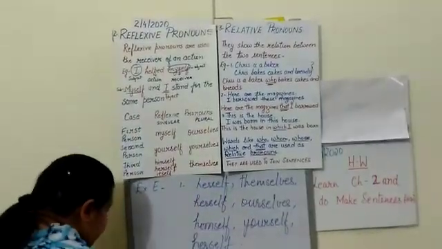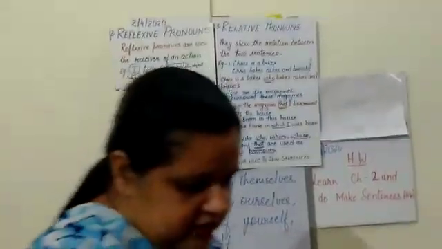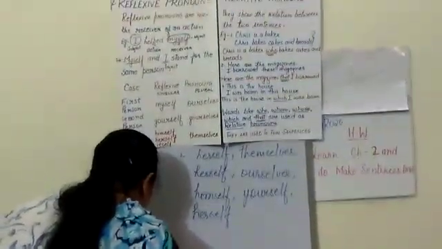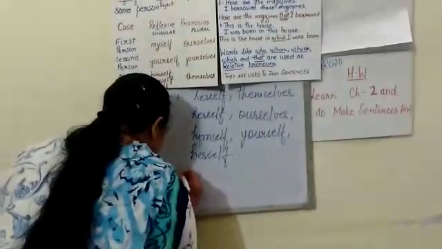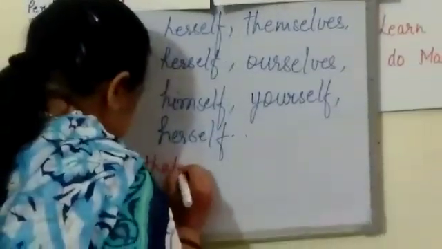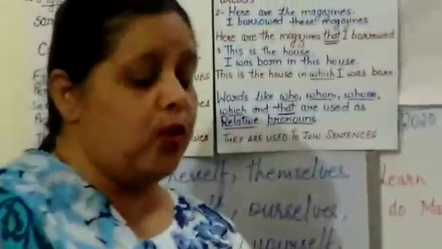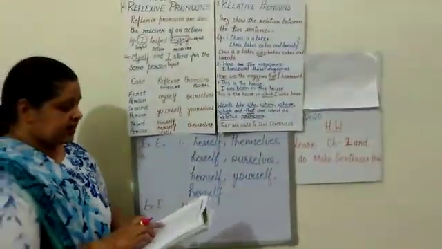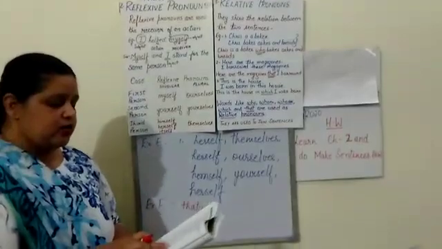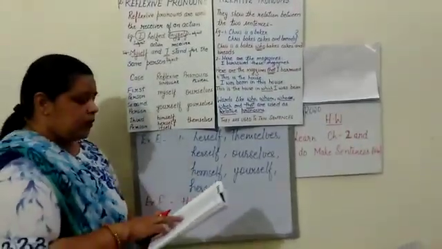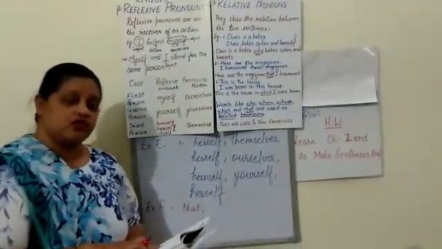So exercise F, let's do it over here. That, because which is not to be used in this exercise. They are asking whose, who and that. So we are writing here it is, are you using the recipe that we learned from your cousin Surekha?